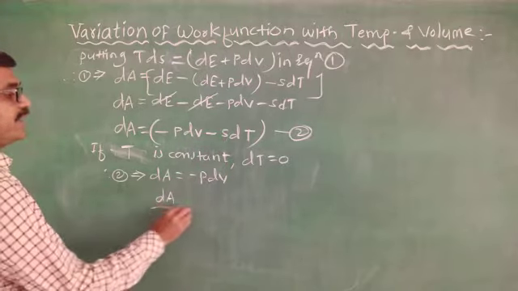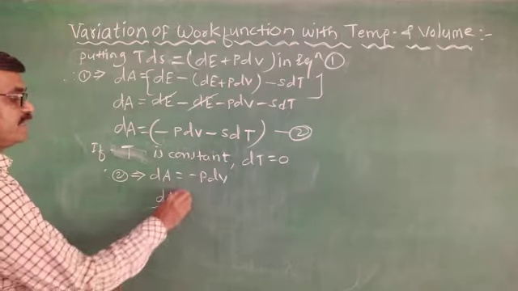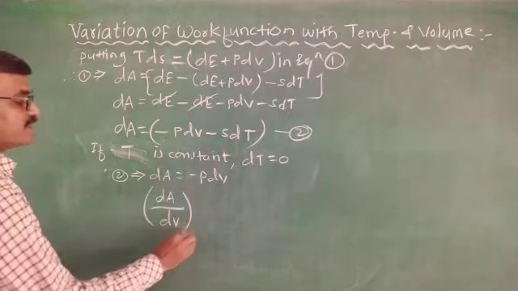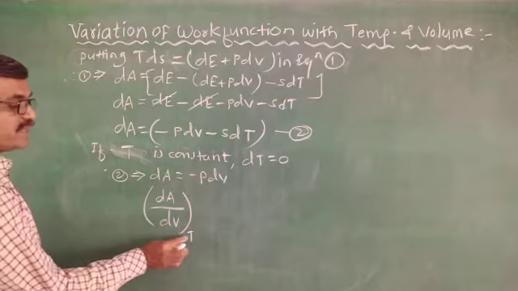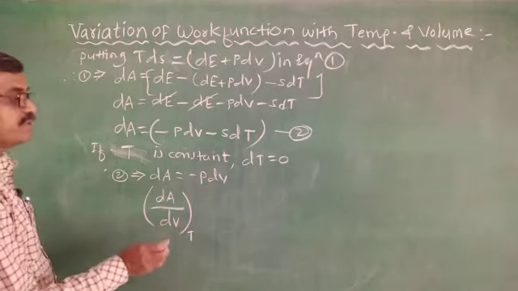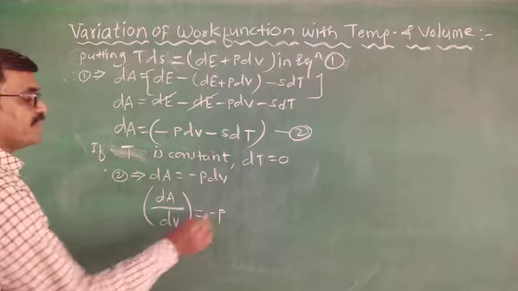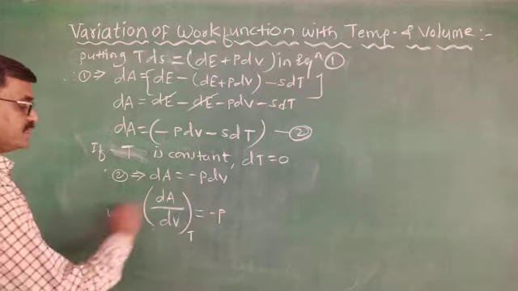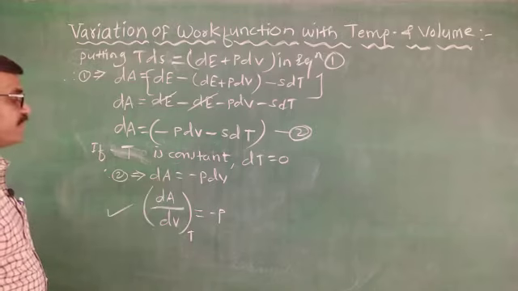Further, dA upon dV, but this process is carried out at constant temperature, so you write the subscript T, and it will be equal to minus P. This is our required equation.